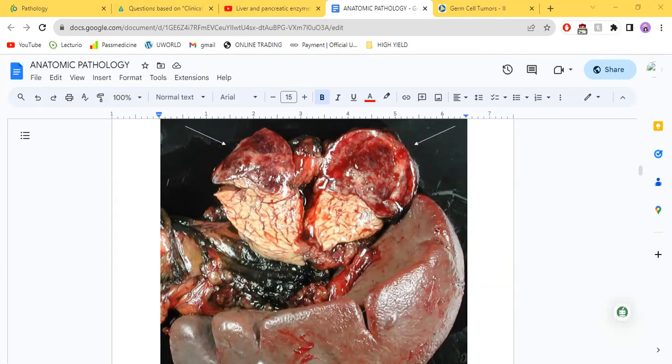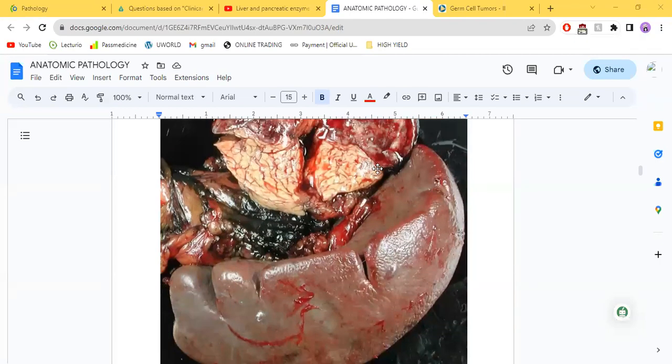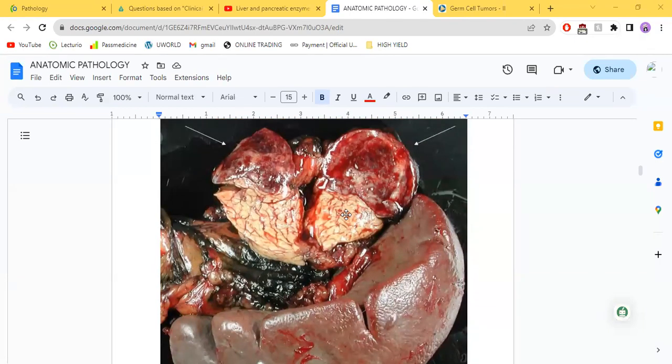Also, there's this sort of whitish organ, right? In the middle there, right? So you can say there's sort of a whitish appearance or whitish matter.